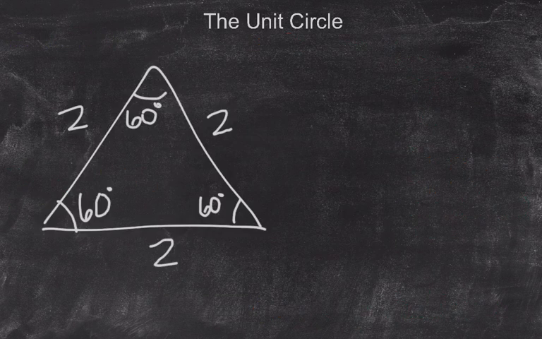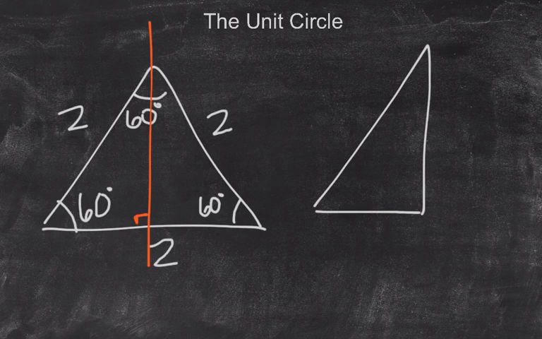We want to take a minute to look at some special right triangles so that we can figure out the exact values of sine and cosine for some of the angle measures in our unit circle. So starting with an equilateral triangle with side lengths of 2, if I cut that triangle down its center, I will have created 2 right triangles, and the side length, the hypotenuse, will still be 2.